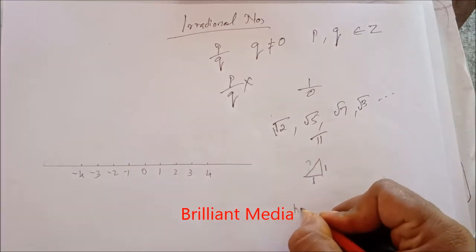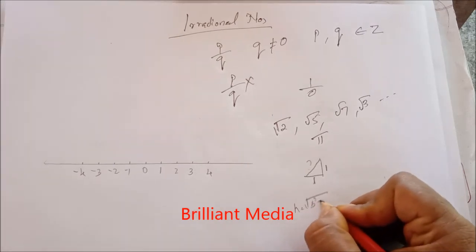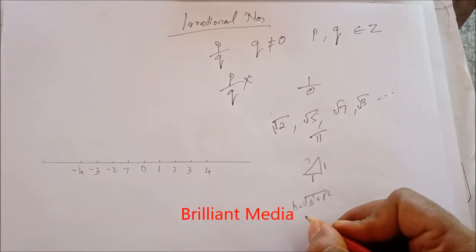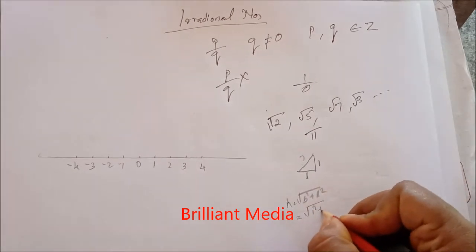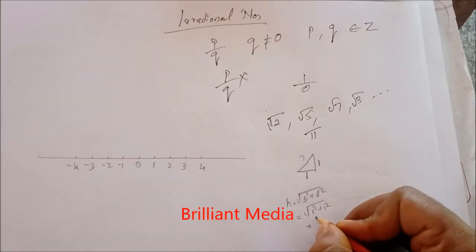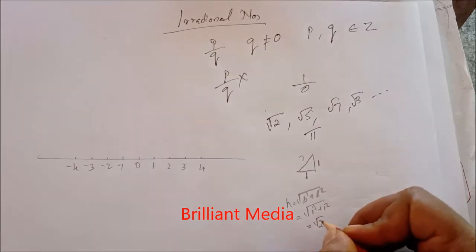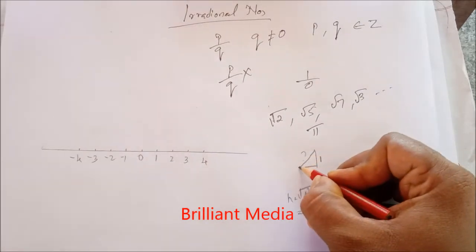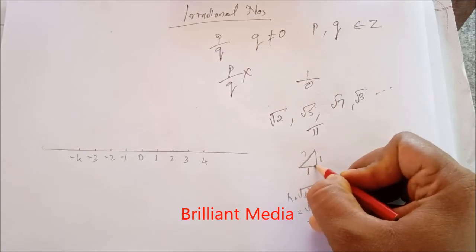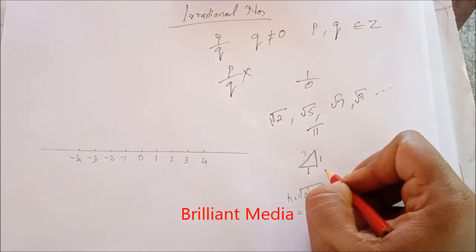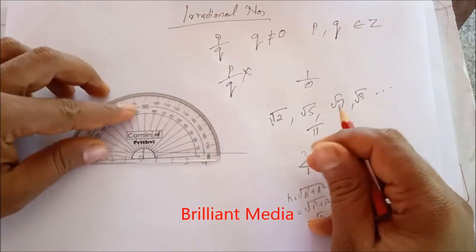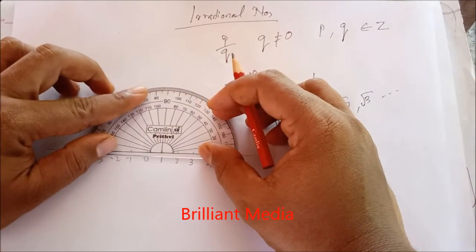We know that the hypotenuse is equal to the root of base squared plus altitude squared. So we can write it as root of 1 squared plus 1 squared, which is equal to root 2. That means the hypotenuse of a right angle triangle with a 1 centimeter base and 1 centimeter altitude is root 2. So let us take a 90 degree angle at 1.